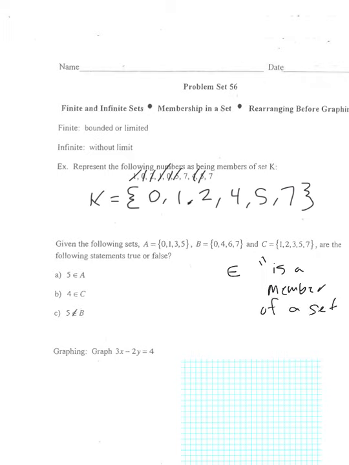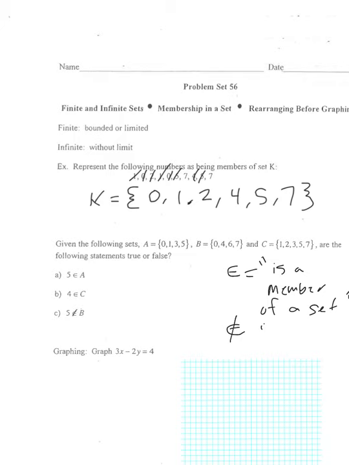That's what that means. And so if you cross it out, the way that you'd interpret that is just that it is not a member of a set.